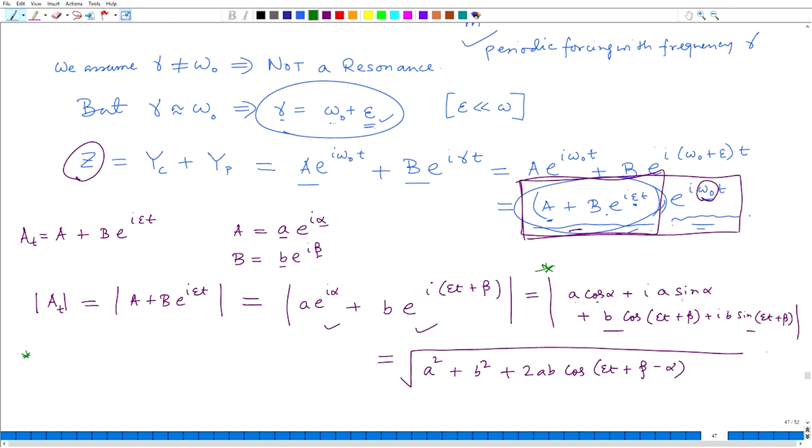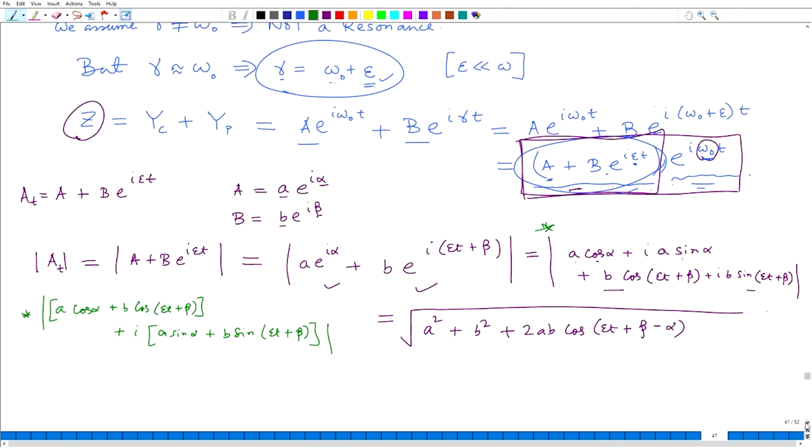I can just write this one in green. So, I am just once again writing this. The modulus of this thing will be A cos alpha plus B cos epsilon t plus beta, plus I times A sin alpha plus B sin epsilon t plus beta, the modulus of this. Okay.